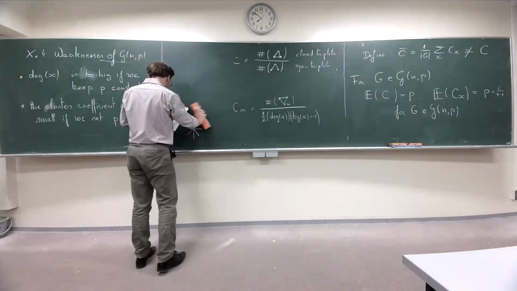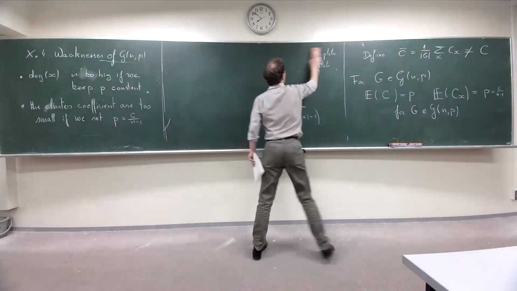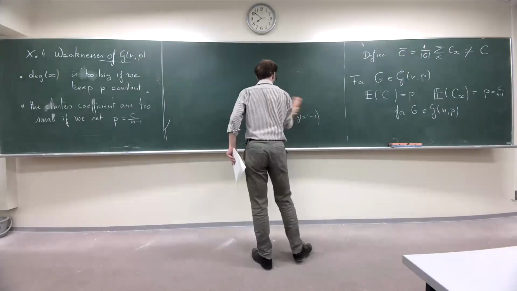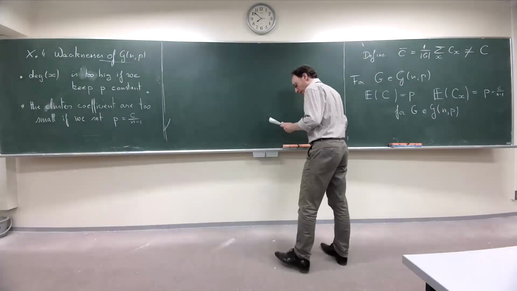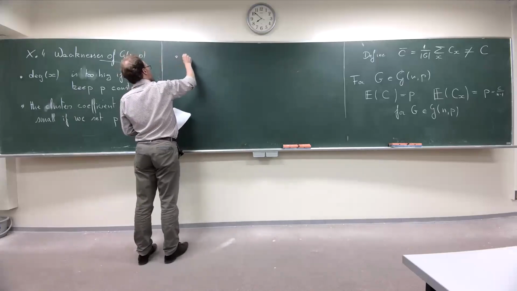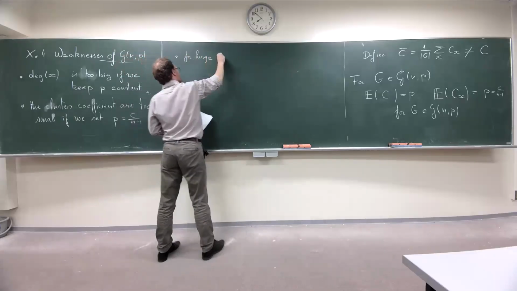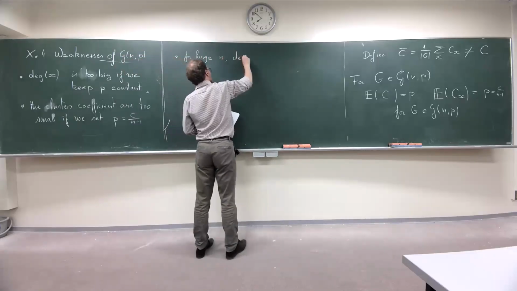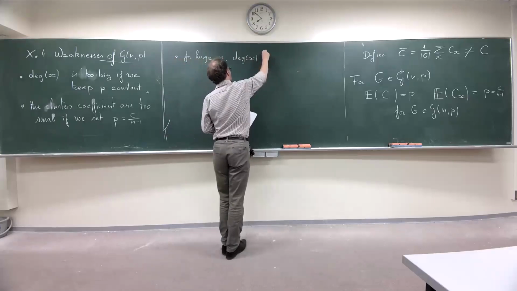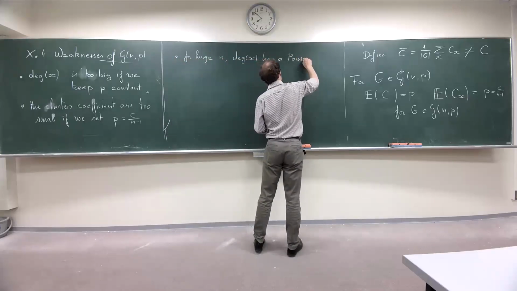So that's one weakness. And the last weakness is about the degree distribution. We have seen that for large N, the degree of X has a Poisson distribution. This is something I mentioned.